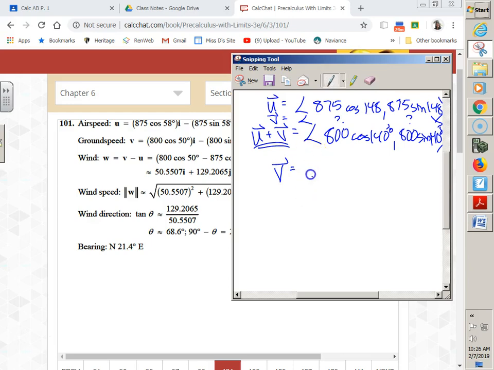So they went ahead and took the 800 cosine of 140 minus 800 cosine of 148, and they would have done 875. 2, 800 sine of 140 minus.